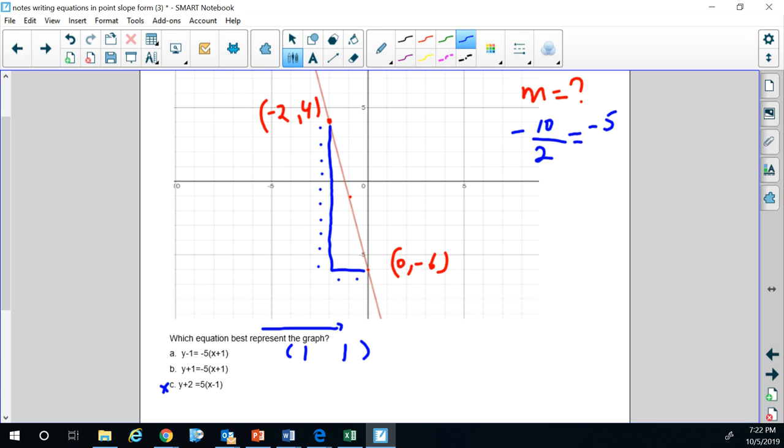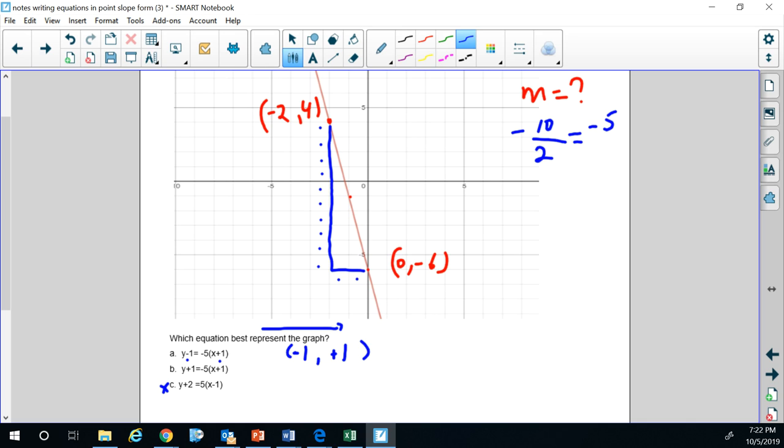My x coordinate is going to be negative, because it is positive right here. My y coordinate is going to be positive because it's negative right here. So the point from equation A is negative 1, 1.